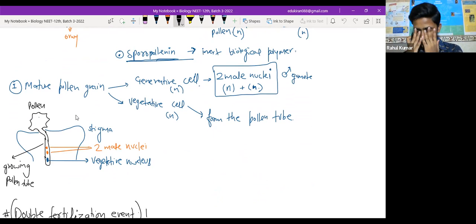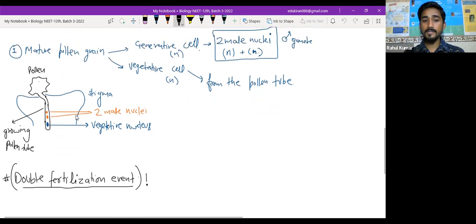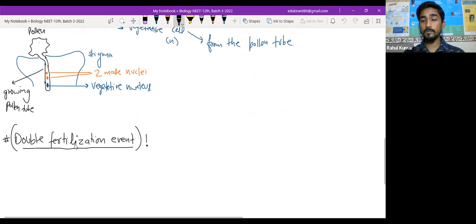In angiosperms, there is a distinct event called the double fertilization event. It is the characteristic feature of angiosperms. It only happens in angiosperms.